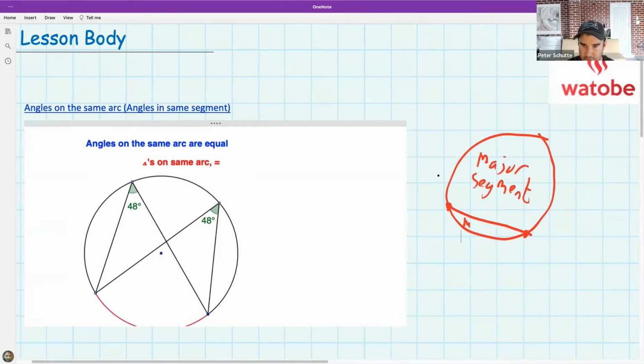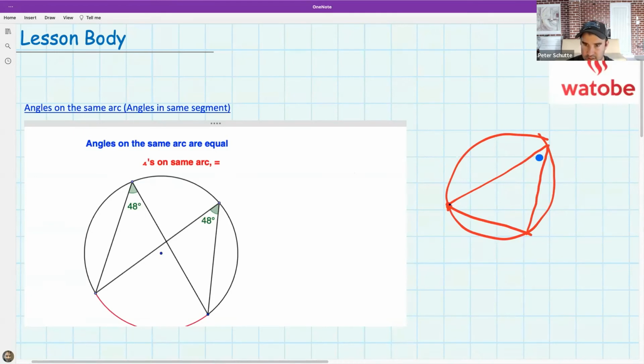Now, if you use this chord, or you can use the arc, and you draw that angle over there, this thing over here is called an angle at the circumference.